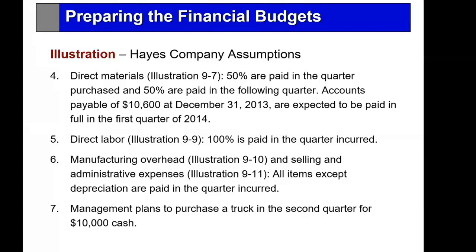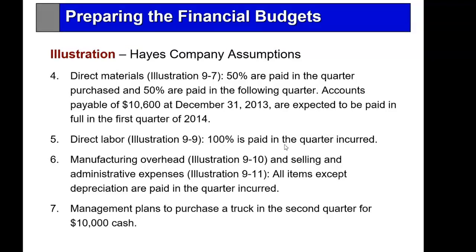And basically 50% of what I purchase in the quarter, I pay cash for in the quarter, and 50% is paid in the following quarter. So now I'm starting the year off with accounts payable of 10,600. Now that's 50% of the quarter before. And I expect to pay that in the first quarter of 2014.